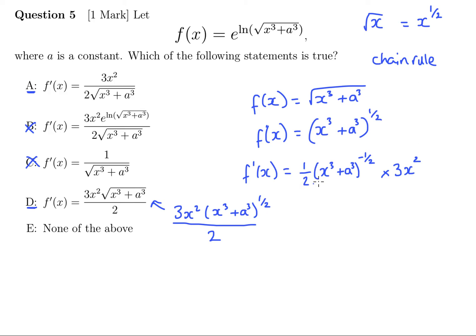This is where the divided by 2's come from, so it's almost right, but this power's wrong, so it's not D. The power is wrong because a minus power turns things into fractions. X to the minus 1 is the same as 1 over x. So what we've got here is 1 over, because of the minus power, 1 over the square root of this. So that is A.